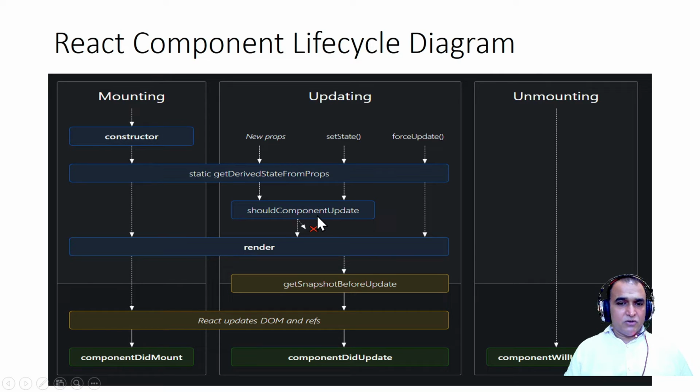Then we have shouldComponentUpdate, which is part of the updating phase. Then the render method, which is part of both mounting and updating. Then getSnapshotBeforeUpdate, which is part of the updating phase. Then componentDidMount, the last method in the mounting phase, and componentDidUpdate, the last method in the updating phase of your component lifecycle.